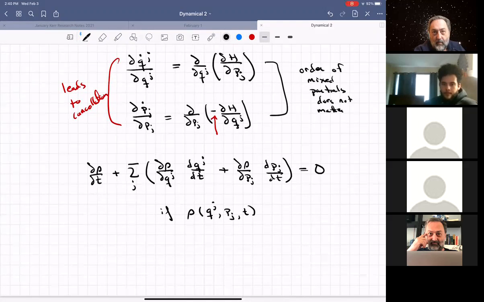I would have to take the derivative of all these coordinates, and when I took the time derivative, I would pick up this first term.